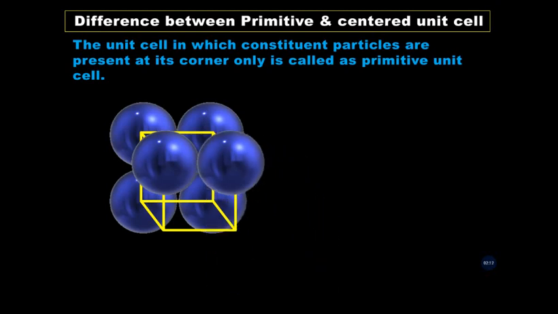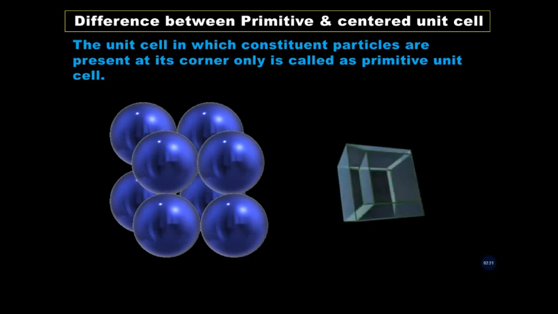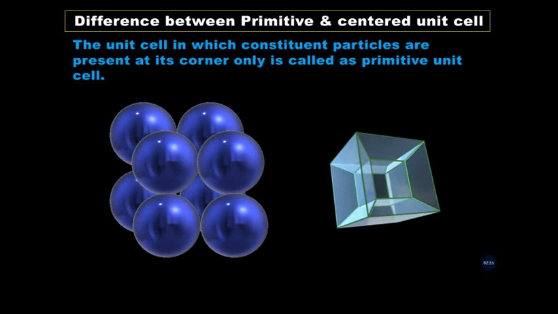It means that primitive cells are only those unit cells which have lattice points at the corner of the unit cell only. This property of the primitive cell makes it different from the centered unit cell.